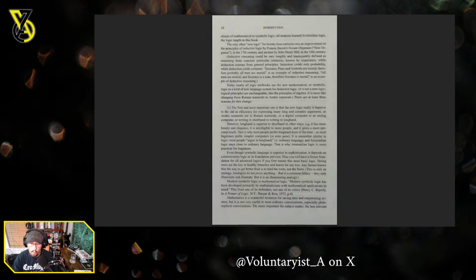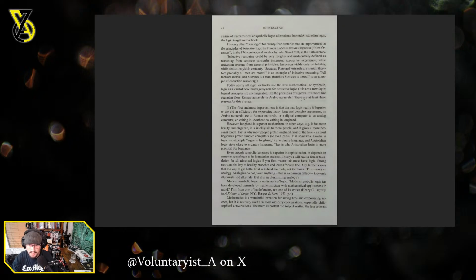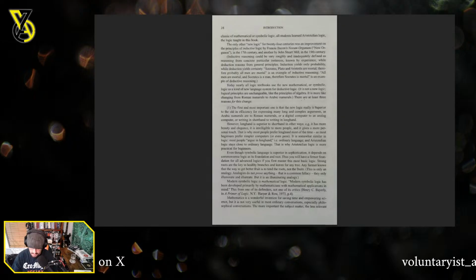And they are, number 1, the first and most important one is that the new logic really is superior to the old in efficiency for expressing many long and complex arguments, as Arabic numerals are to Roman numerals, or a digital computer to an analog computer, or writing in shorthand to writing in longhand.